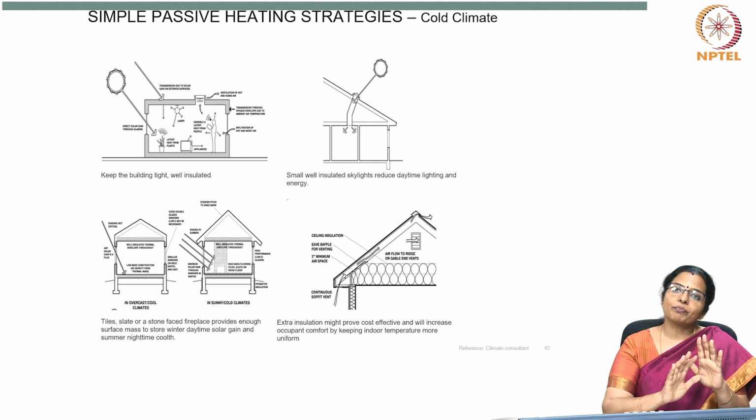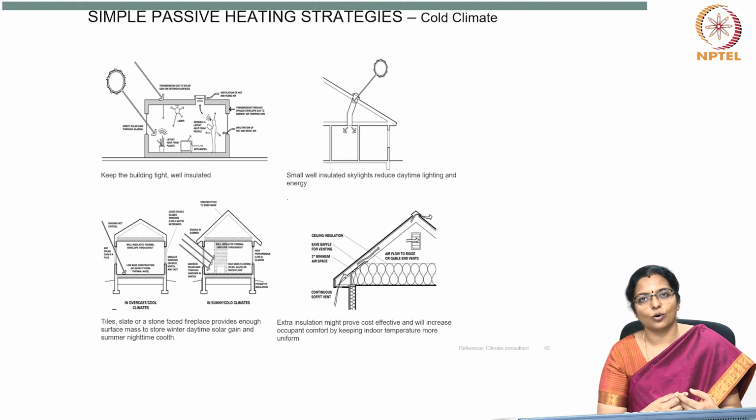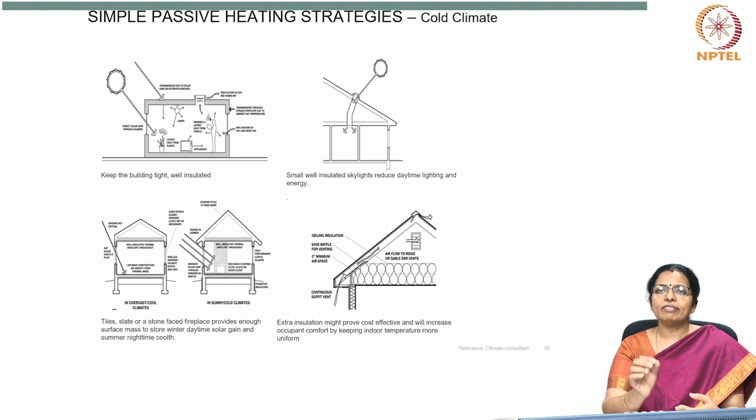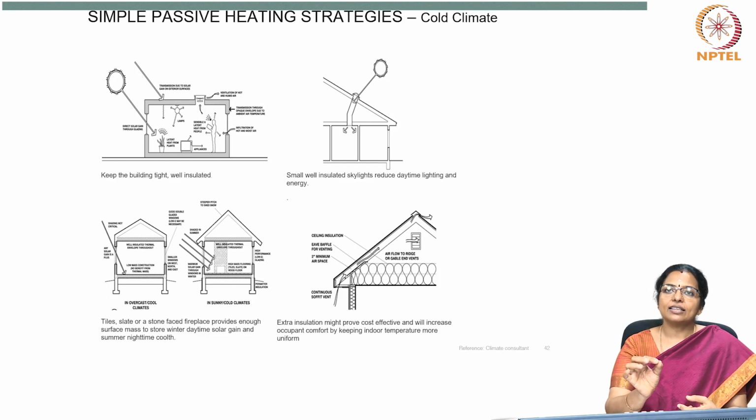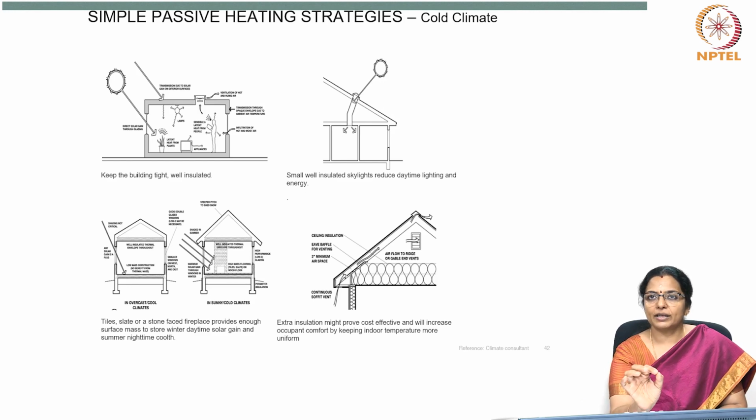Last class we saw what the simple passive techniques are. In this class, we have seen the principles behind each of them, and we have also shown how for various climate types, simple passive strategies can be used and adopted in the form of orientation, or how we place windows, how we place openings and so on. We will end this class with a glimpse of a small case study where simple passive strategy has been adopted.